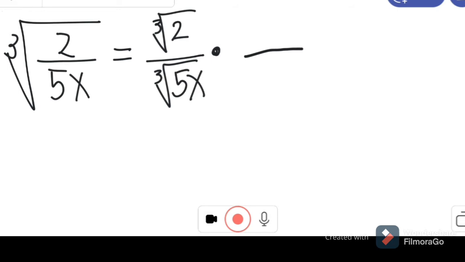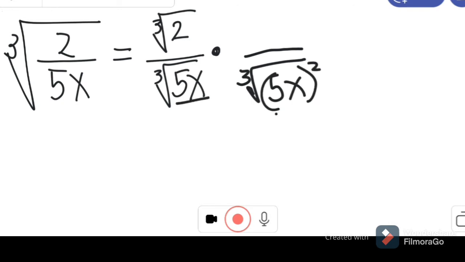So, that would be cube root of 5x squared. So that 5x and 5x squared is equal to 5x cubed. See?